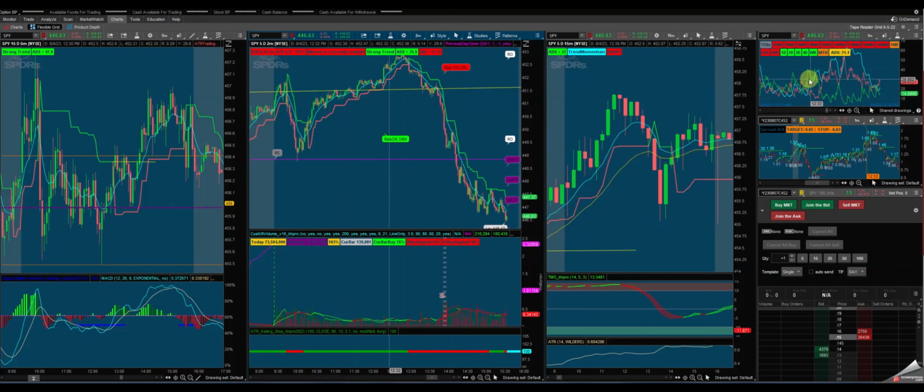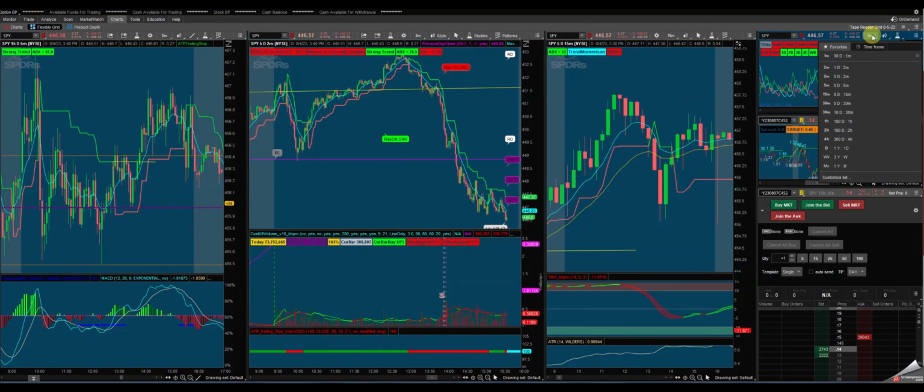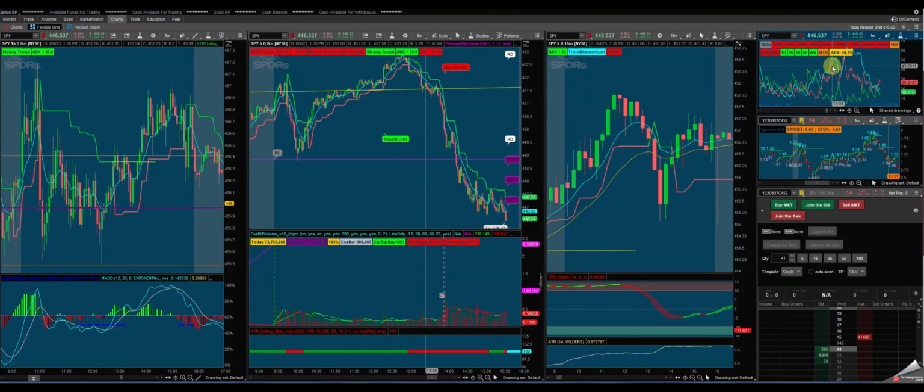So the 1-minute is bearish per DMI, 2-minute is bearish per DMI, the 3, 4, 5, 10, 15, 20, 30, 2-hour, 4-hour is all bearish. Orange means it's in chop or flux, and green means it's bullish. And this is on a 1-minute chart. That study will only work on a 1-minute 30-day chart.